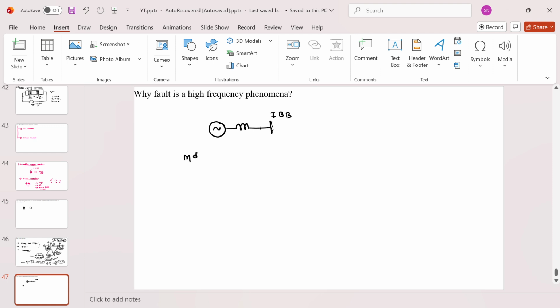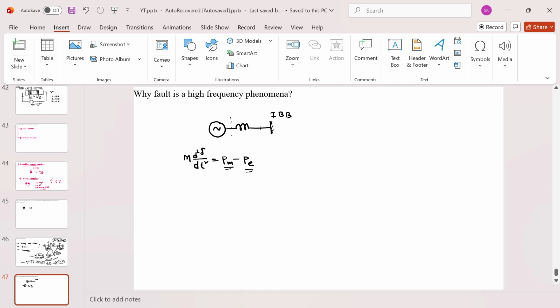It is nothing but M d2 delta by dt square equals Pm minus Pe. Pm is the mechanical power that is coming from the prime mover, and Pe is the electrical power that is coming from the terminal of the synchronous generator.